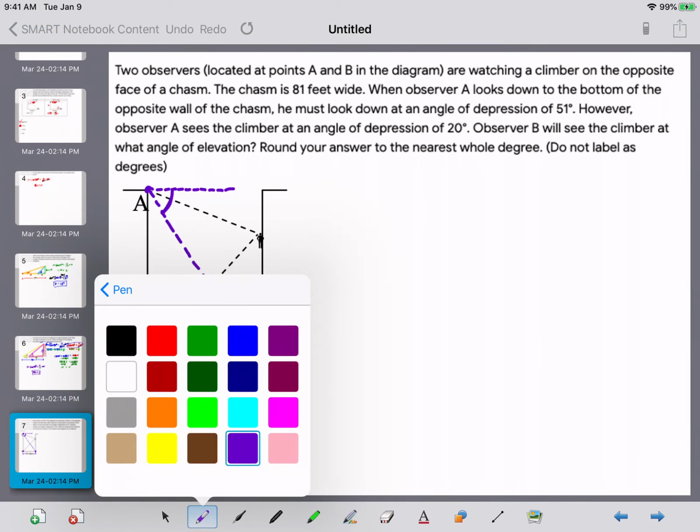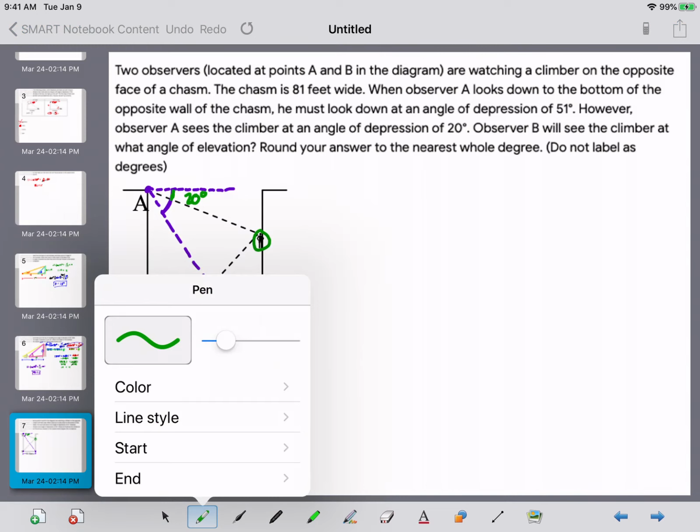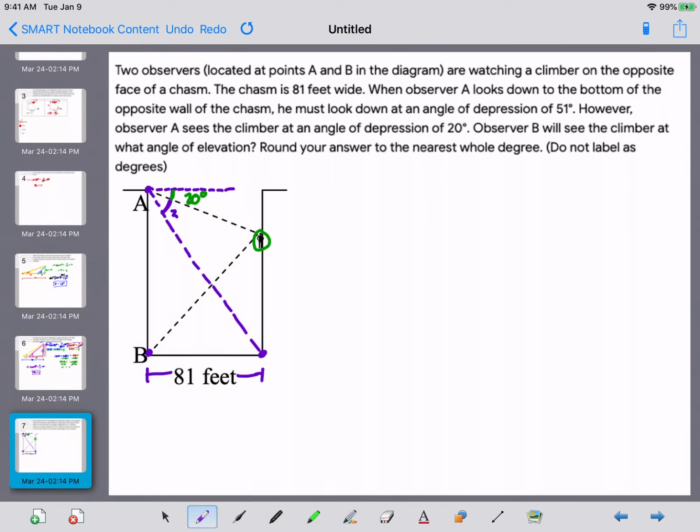So just this portion here, from the horizontal to this hiker here, that's 20 degrees. And if this whole angle is 51, we can just say that this right here, this little sliver here, is 31 degrees. And I know that because the entire angle is 51. 20 degrees plus 31 degrees is 51 degrees.